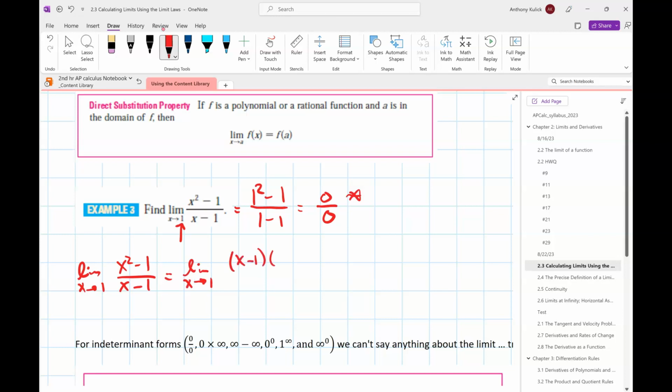Isabel correctly identifies that the numerator is a difference of 2 squares, so that we can factor. I notice that I have a common factor of x minus 1 in the numerator and denominator. And if I reduce those, I have this, and that I definitely can do direct substitution with. And I get the limit is 2.